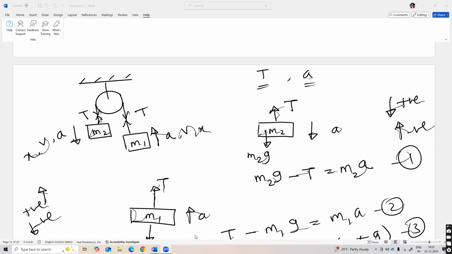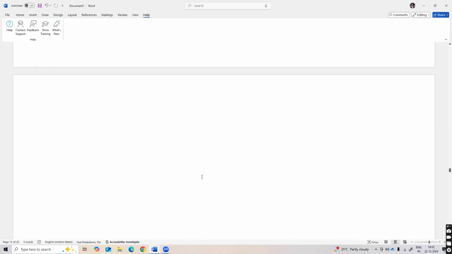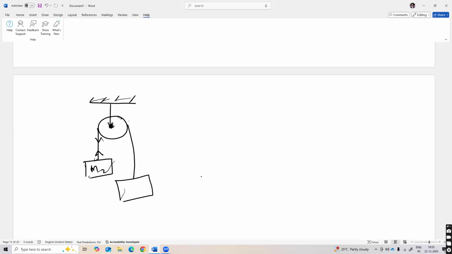Okay. So we can simplify this problem in another manner. So the question was, this was the pulley, this was the M2, this was the M1.